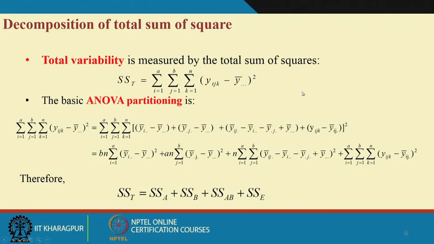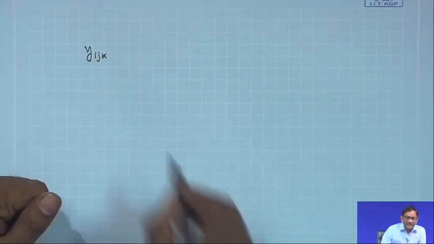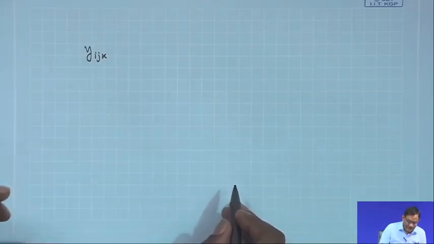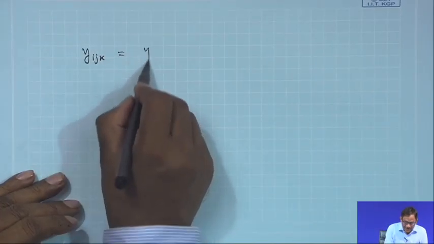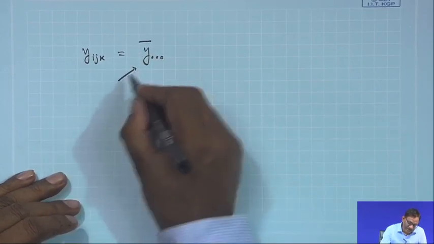Okay. Now, see the partitioning. The general observation yijk can be written like this: y dot dot dot bar, this is the grand average.